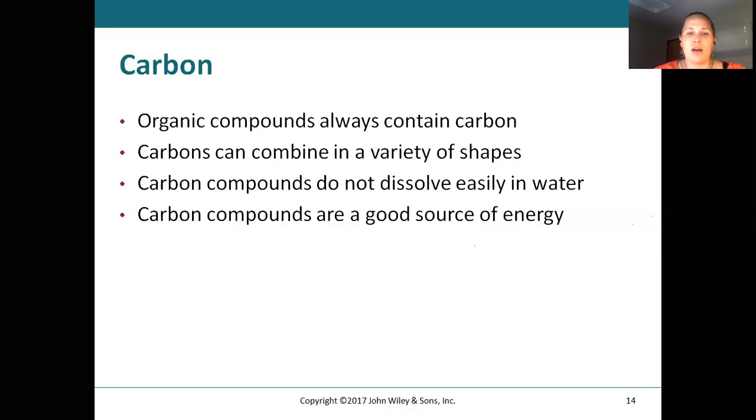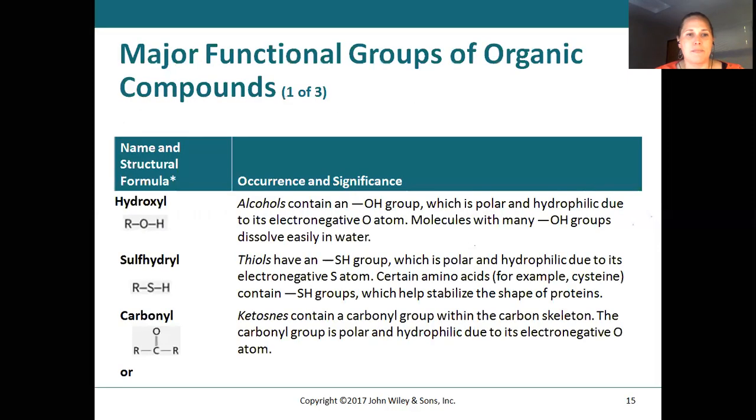And so when we talk about things like lipids that have a ton of carbon in them, that's why lipids don't dissolve easily in water. But carbon compounds are also a good source of energy. So when we talk about lipids and fats or carbs or sugar, breaking down those bonds can make them a great source of energy, and that's why we consume those things on a regular basis.